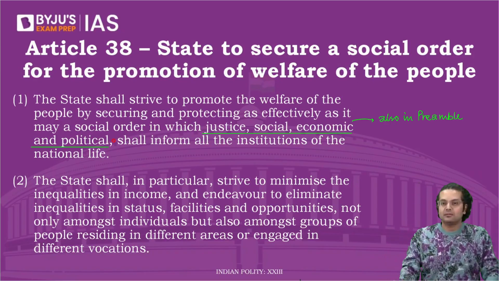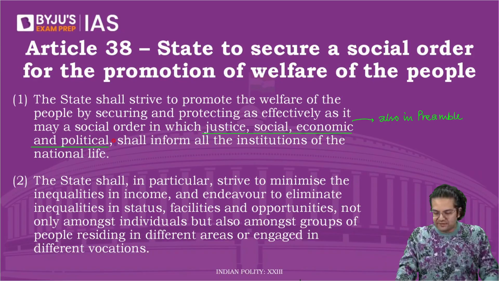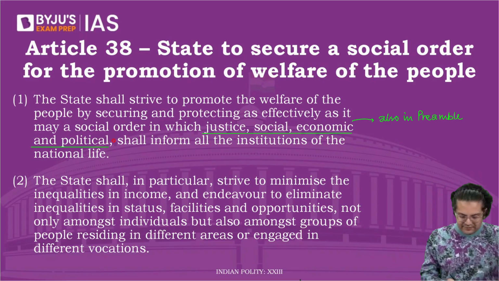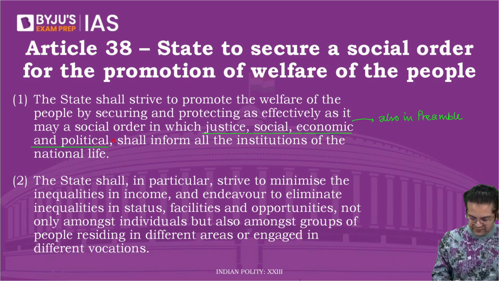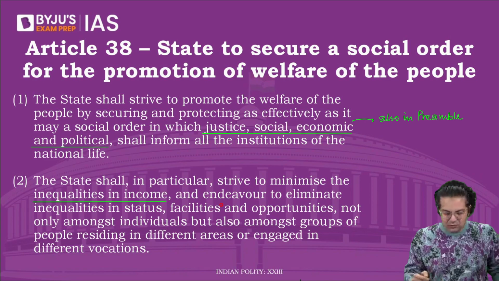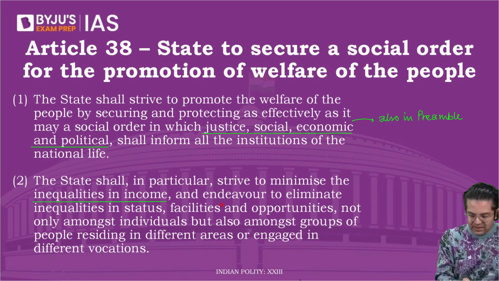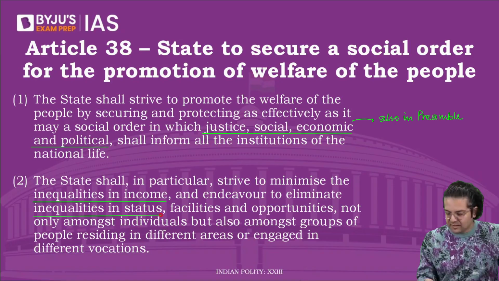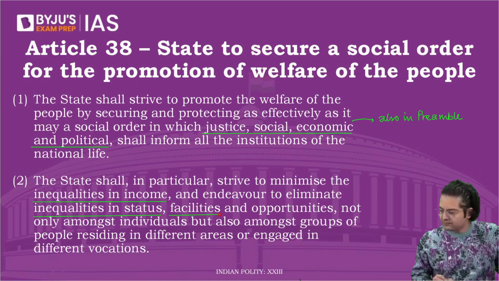In particular, strive to minimize the inequalities in income. Okay, fair enough. Inequalities in income, and endeavor, strive, take effort to eliminate inequalities in status, inequalities in facilities and opportunities.